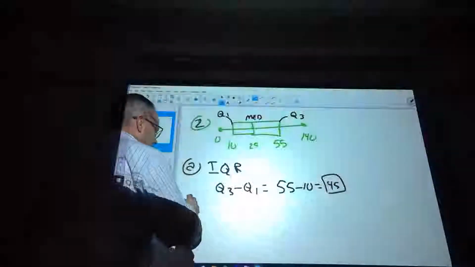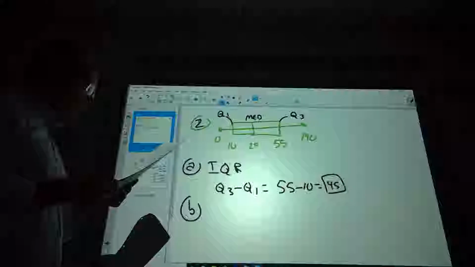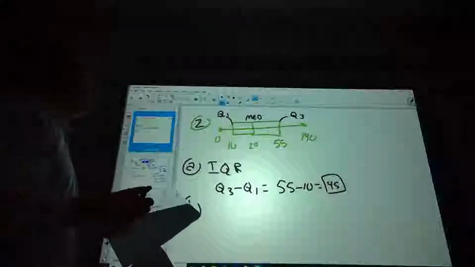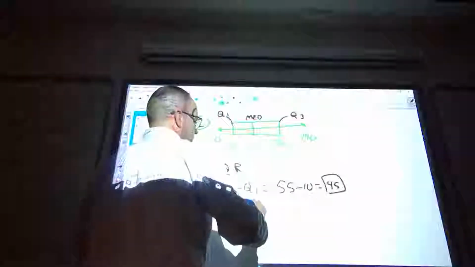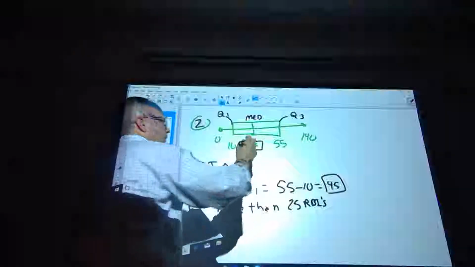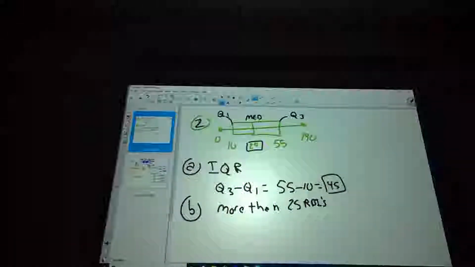All right, letter B says, how many American League hitters hit more than 25 RBIs? We're talking about baseball, okay? Okay, 25's here. 25 is my what? Median. So if it's my median, that means it's my middle.